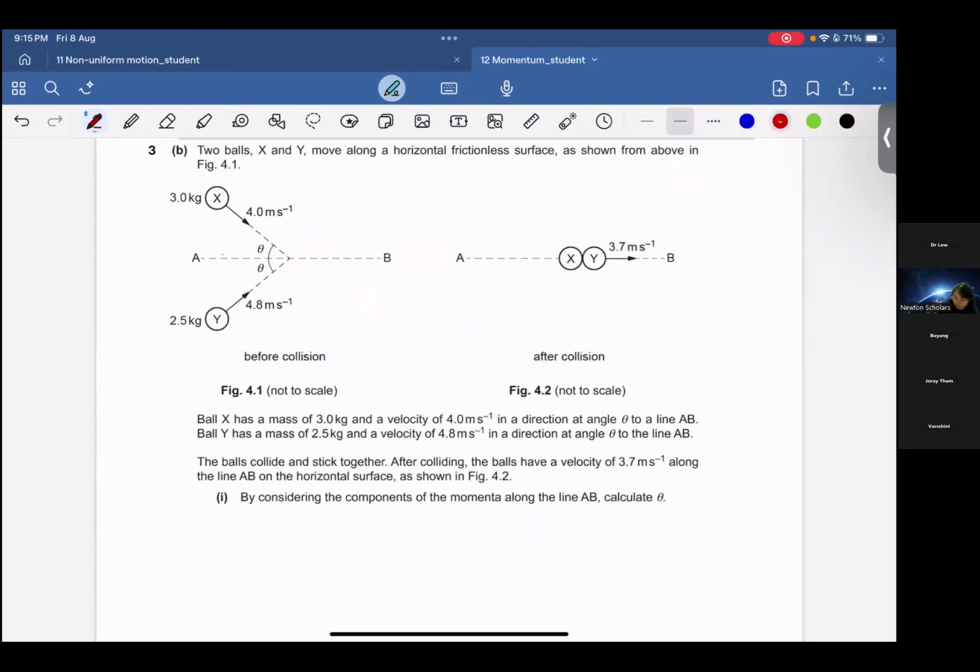Same thing, you have to do calculations for the x direction. Okay, do it and then tell me your answer.